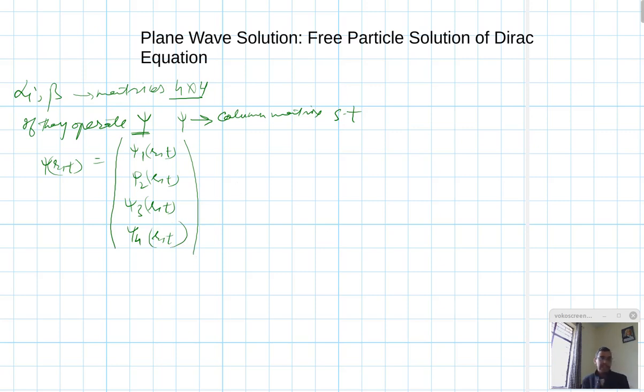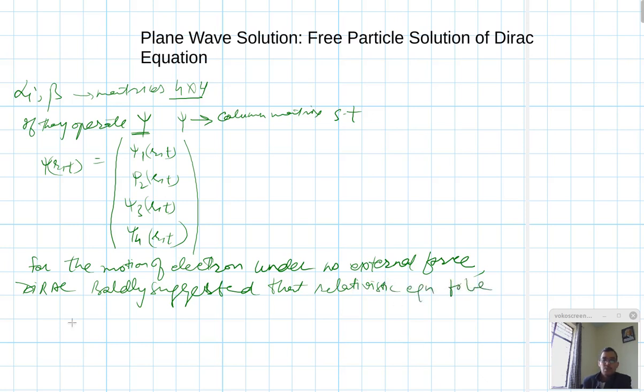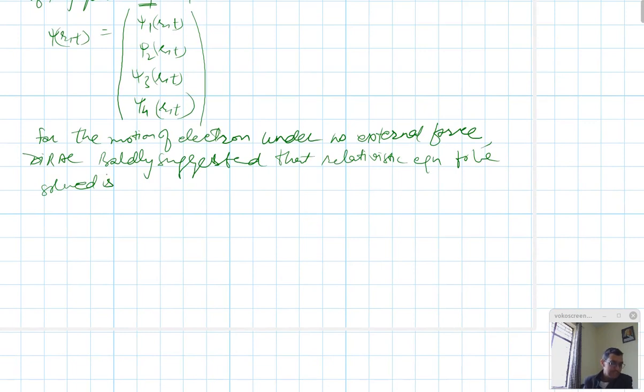Now for the motion of an electron under no external force, Dirac boldly suggested that the relativistic equation to be solved is, for a free particle, because no external force is acting, this equation must be solved.